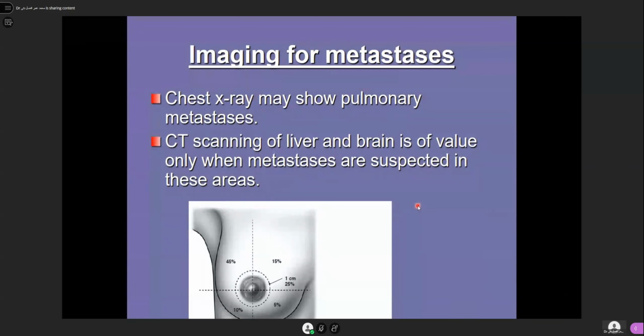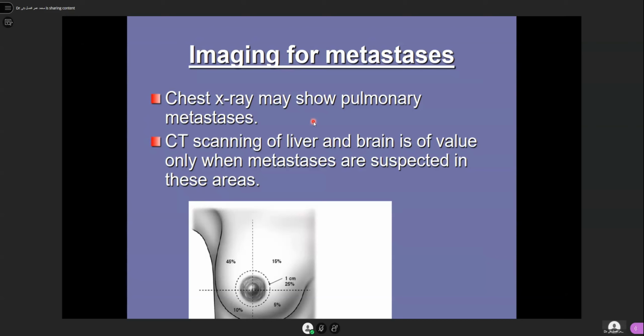After diagnosis of breast cancer, in TNM staging, after T and N, tumor and lymph node, the important thing is metastasis. Breast cancer most commonly metastasizes to the lungs, liver, brain, and bone.